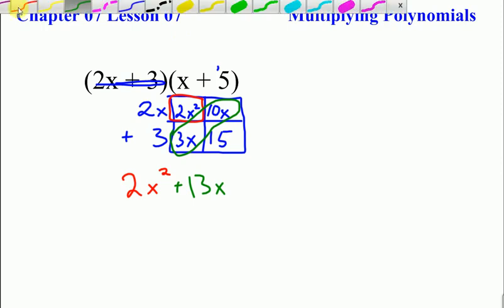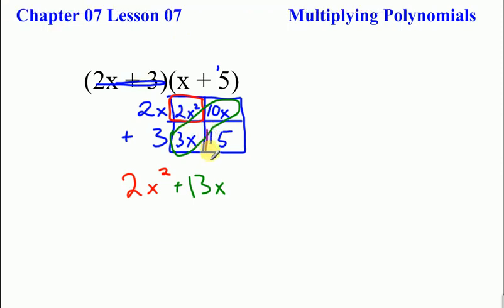And then finally by itself is bottom right, and that is 15. There we go. Alright, let that sink in. Write this down, and then let's look at the next example.